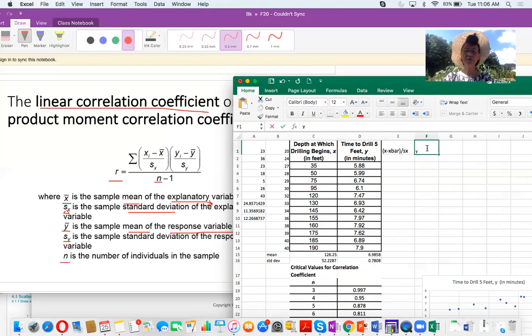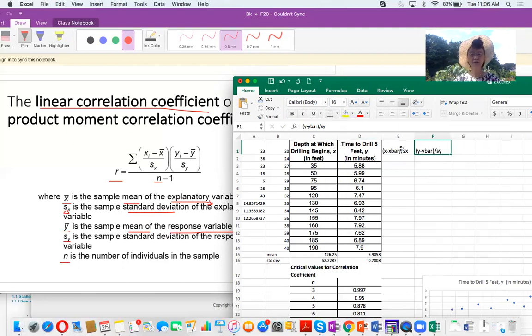I also need to know Yi minus Y bar divided by Sy. So I need to calculate this, and then I have to multiply these terms together and add them all, divided by n minus 1. Okay.